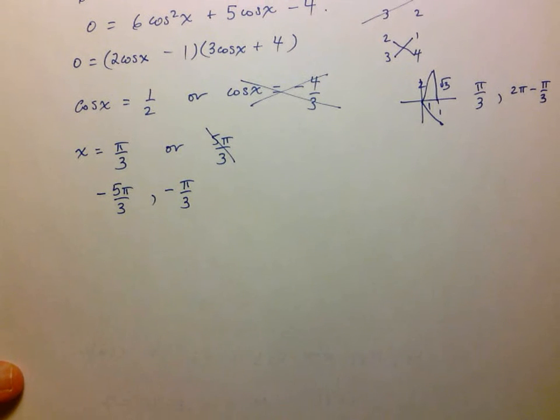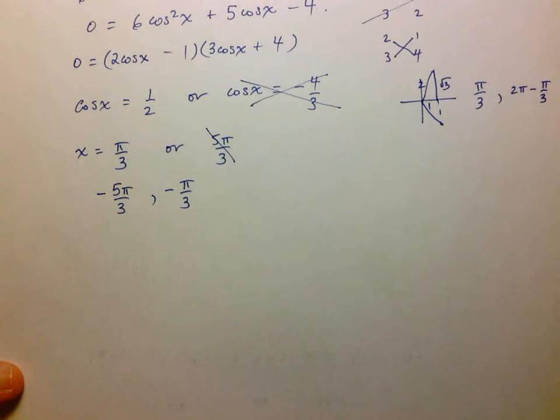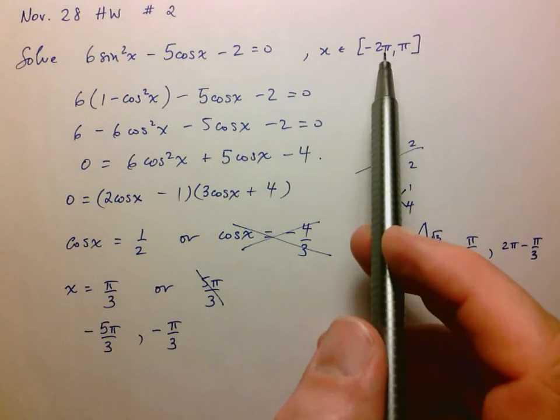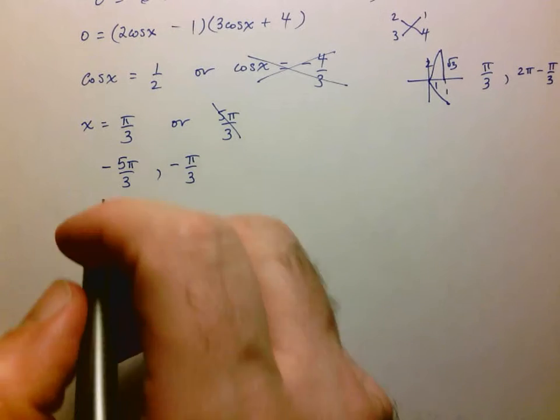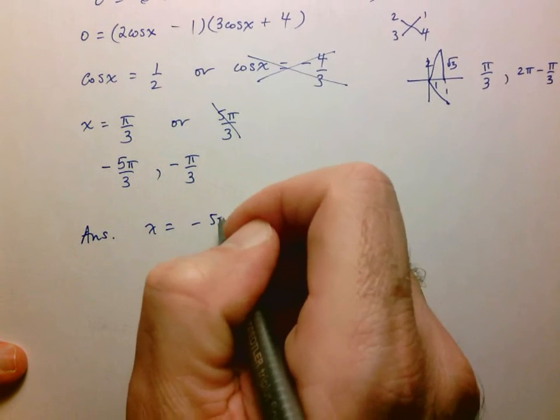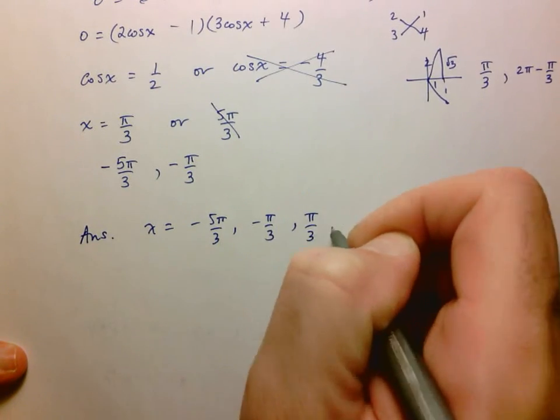Okay, and here I can clearly see that if I start subtracting 2 pi again on any of these, I'll be going to a number that's less than negative 2 pi. So these are all my answers here. X can be equal to negative 5 pi over 3, negative pi over 3, and positive pi over 3.